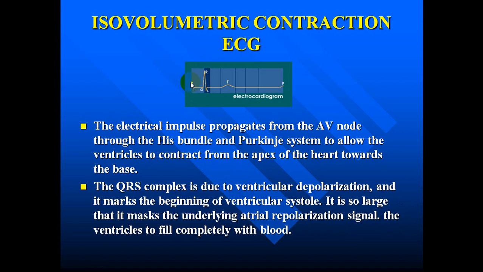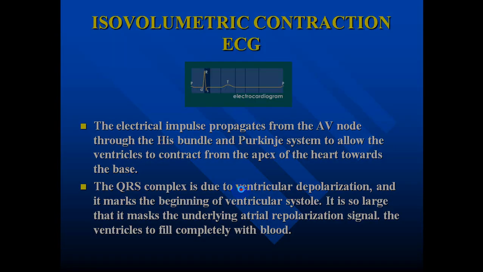The P wave is due to atrial depolarization. The QRS is large, so it masks the underlying atrial repolarization. As we said, atrial repolarization is not seen in the surface ECG record because the QRS complex is large and this is negligible electrical activity, so it is masked.